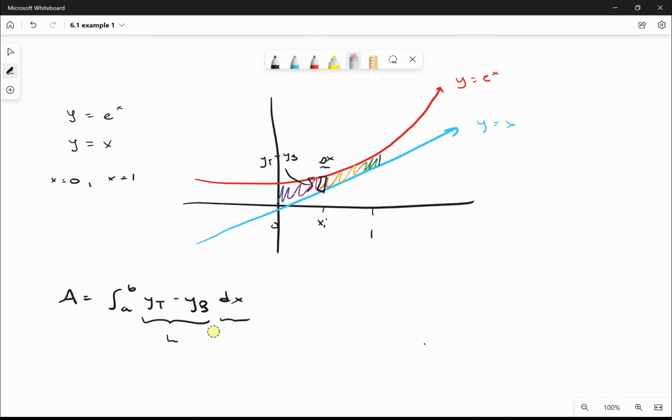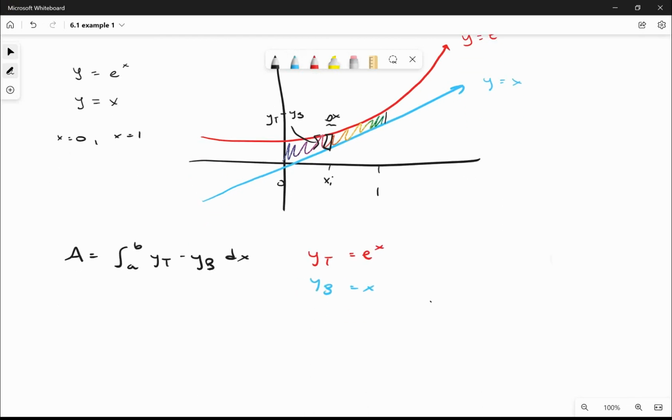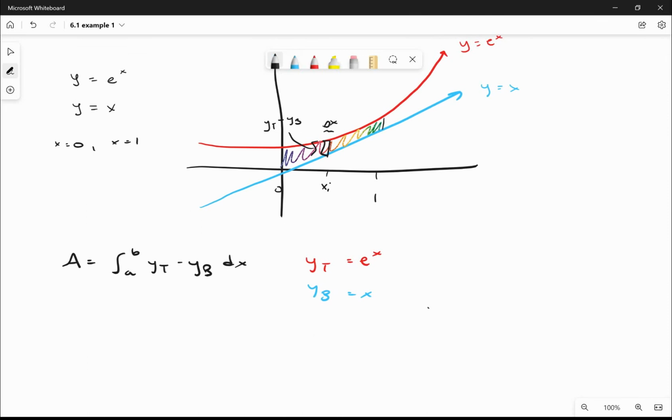Okay, so we already mentioned that it's pretty easy to see in this case that yt is equal to e to the x and yb is equal to just x. So our area is going to be this integral from here. We know, because it's given to us, that we're integrating from 0 to 1, right?